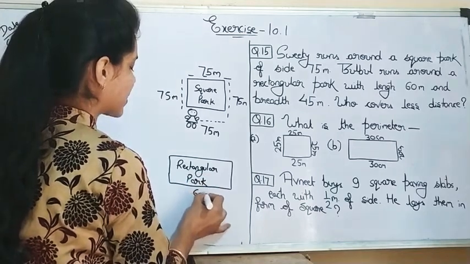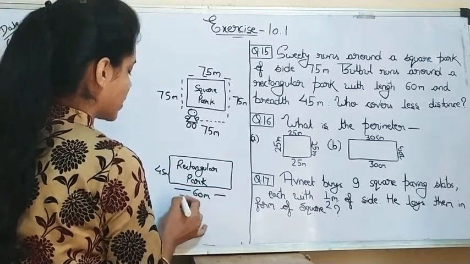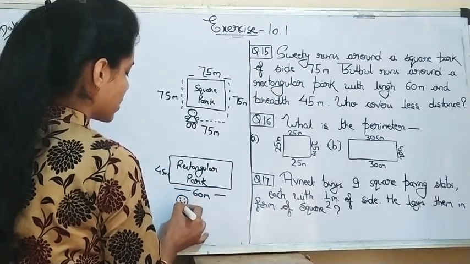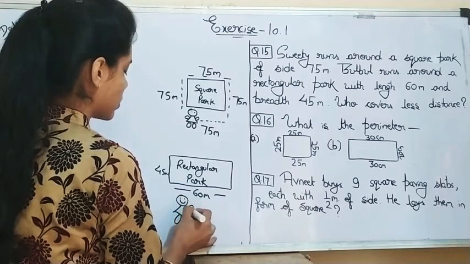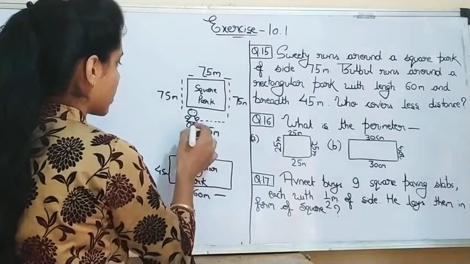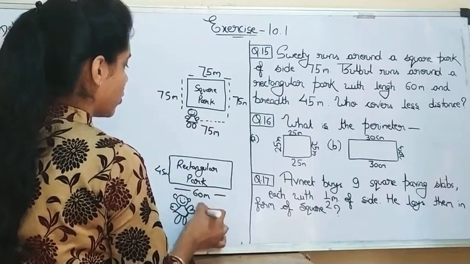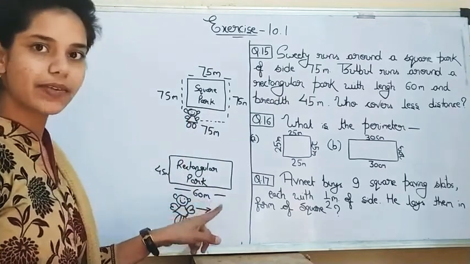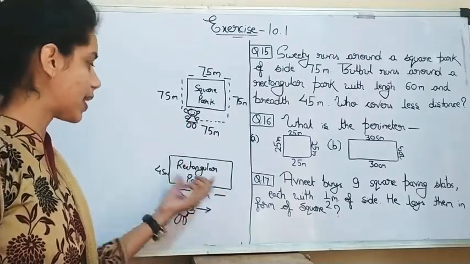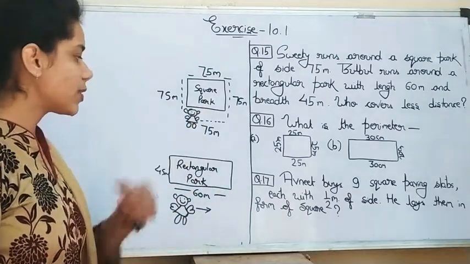Dimensions means length and breadth. 60 meter is its length and 45 meter is its breadth.